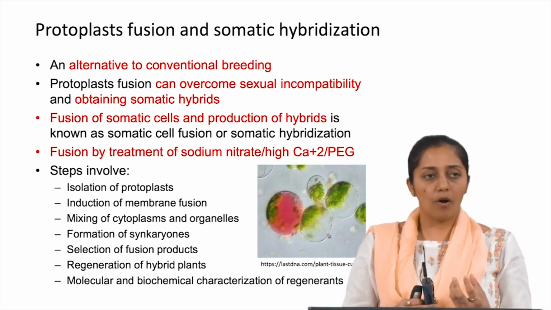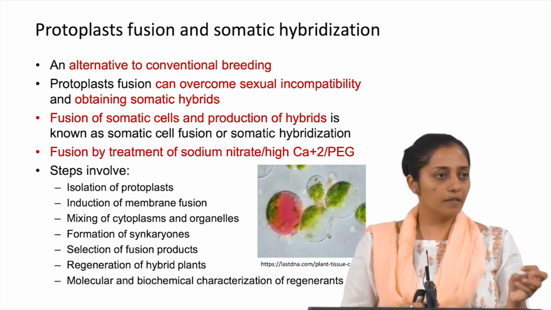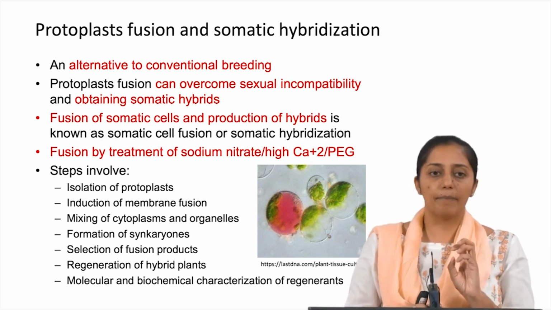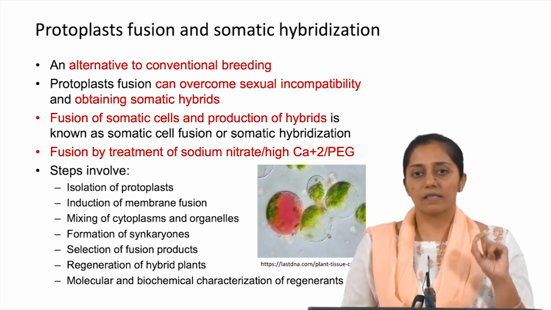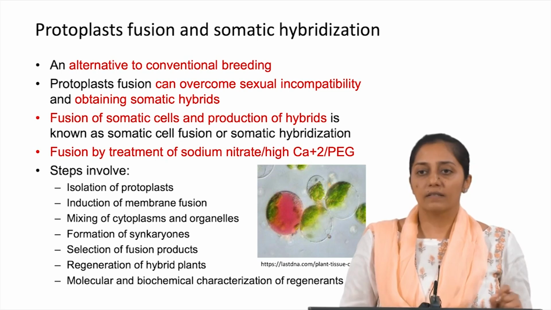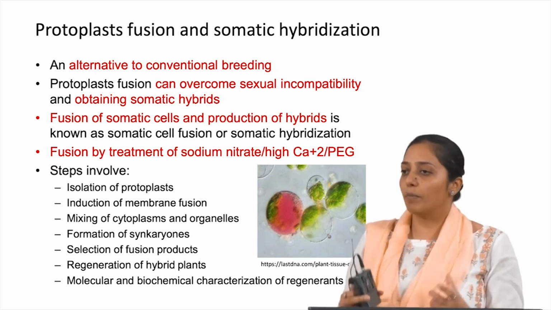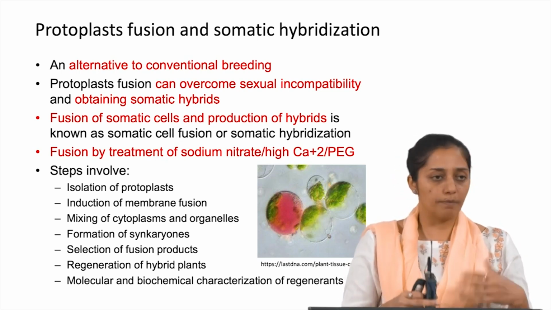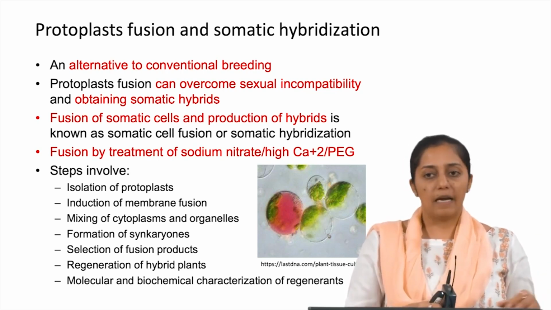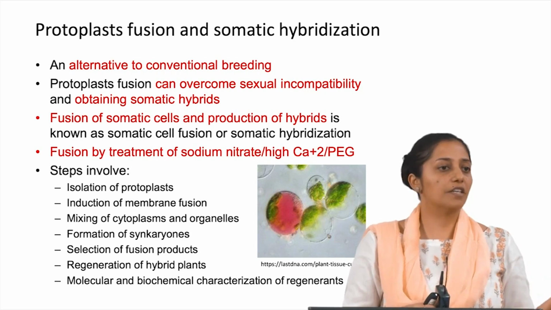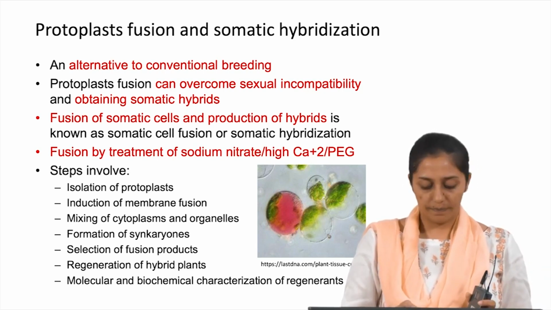Once you have obtained them, you select whether the proper fusion has happened or not. Under the microscope, you select the fused cells or hybrids. Then you give them optimum conditions to multiply. Once they multiply, they form callus, and from callus you can regenerate hybrid plants.